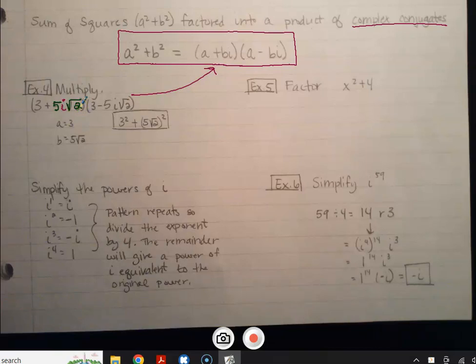So when we're multiplying it, we're taking the a squared, so 3 squared, plus our b squared, which is 5 times the square root of 2, squared. And then we're done. That's it. We just have to put it into the sum of squares, just following that formula.